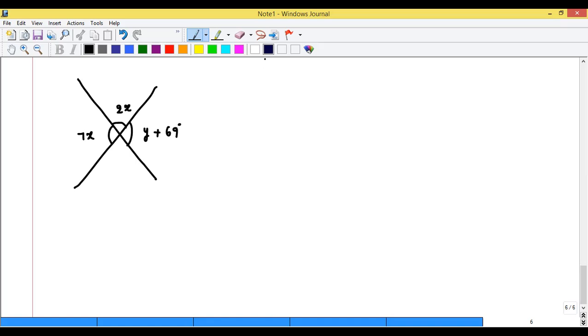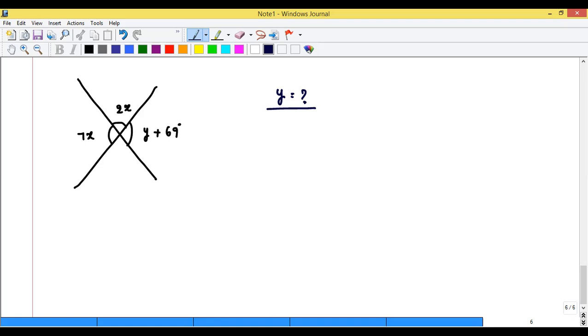Can anyone tell me what is the value of y without using pen and paper? In terms of degrees, what is the value of y? You can tell me the value of y. 249 is huge, right?